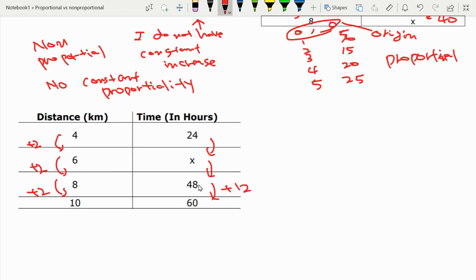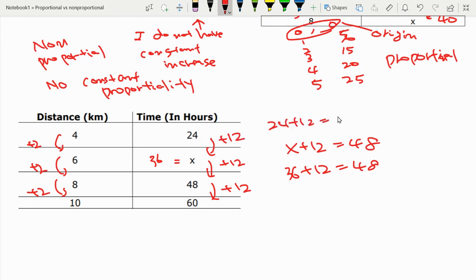If that's the pattern, then something plus 12 should be 48. This number has to be 36, right? 36 plus 12 is 48. So x has to be 36. And I am adding 12, 24 plus 12 is indeed 36.